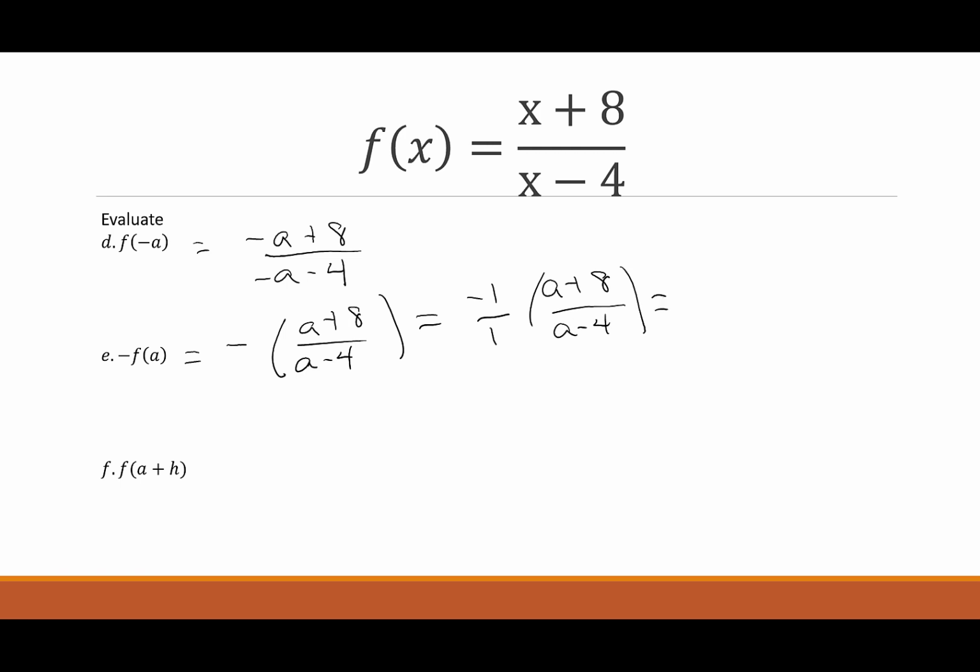So if you decide to do that next step, you would have minus a minus 8 over a minus 4. You do want to be careful. It would be okay to just leave the negative sign outside. Gives you the same answer. Then the a plus h, I have a plus h plus 8 over a plus h minus 4. So the idea, whatever I give you in the parentheses, you stick everywhere that it says x.